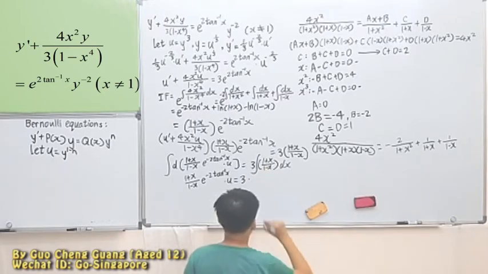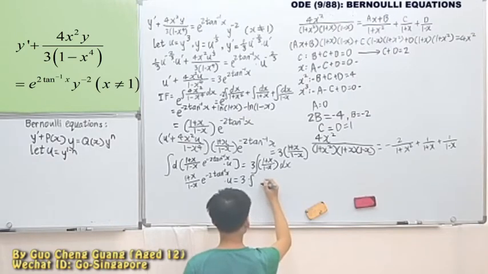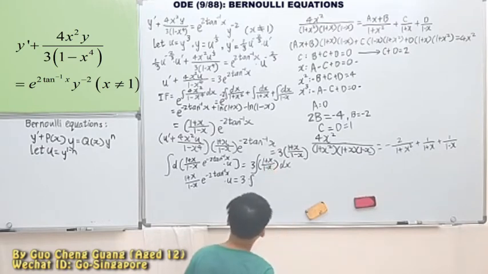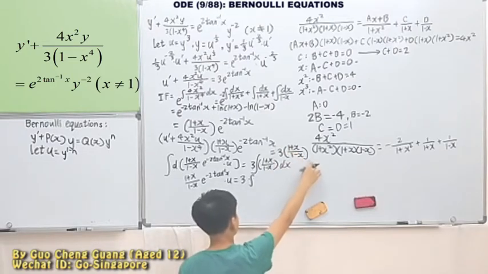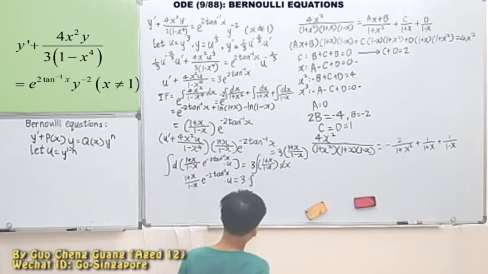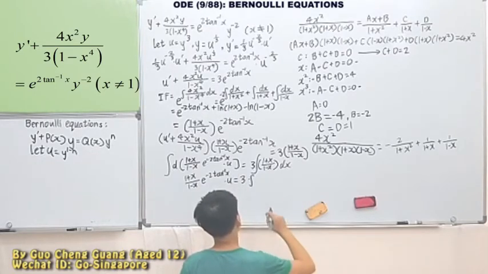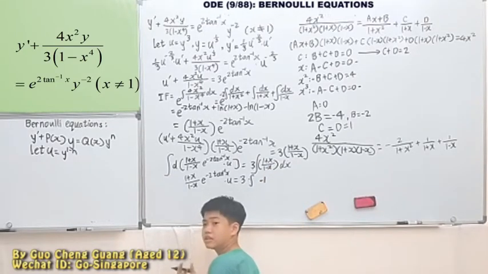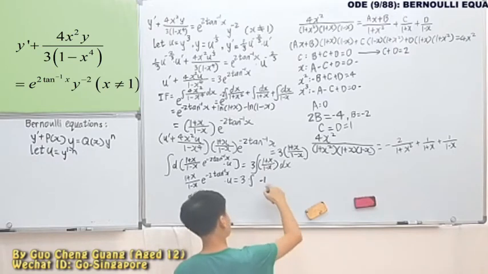We want to try to factorize this. If it's just 1 minus, 1 plus, but no, that one would have 2x over 1 minus x. How about trying it another way? Because we don't want to have this ever again, it can make things very, very difficult for us.